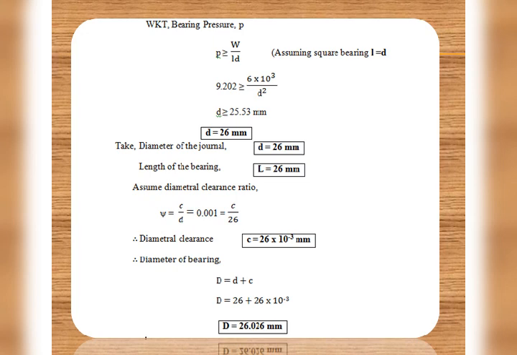After simplification, the diameter is greater than or equal to 25.53 mm. Go for the nearest value, D is equal to 26 mm.